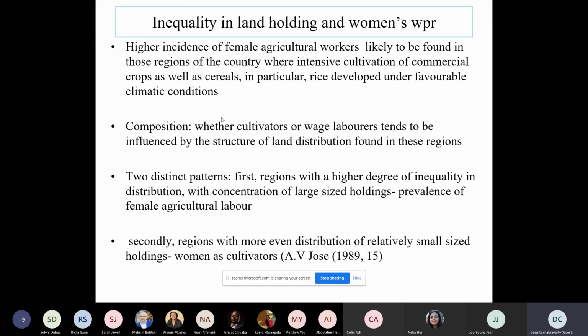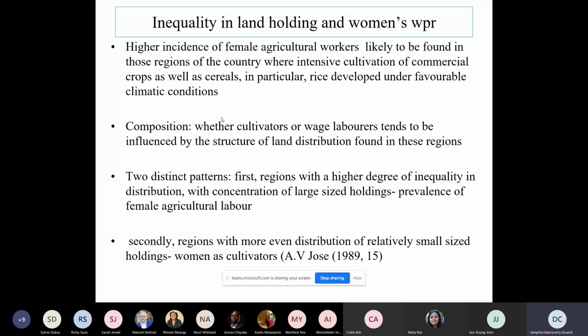Now, what we find from other people's work in the existing literature is this. The first thing, which I have already mentioned, is that a higher incidence of female agricultural workers is likely to be found in those regions of the country where there is intensive cultivation of commercial crops as well as cereals, in particular rice.